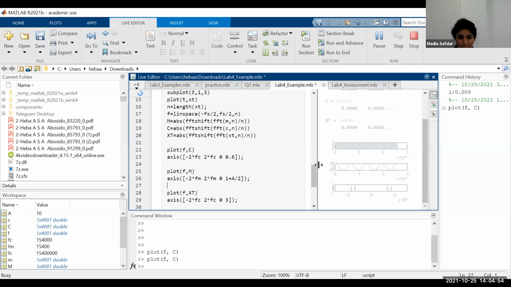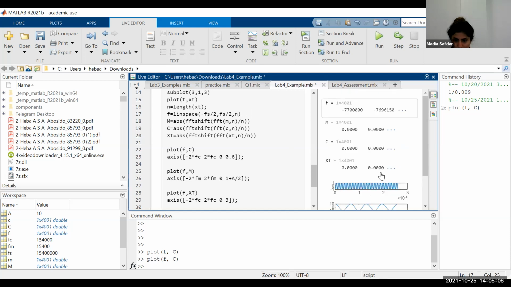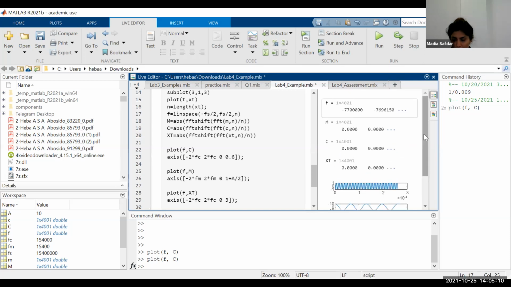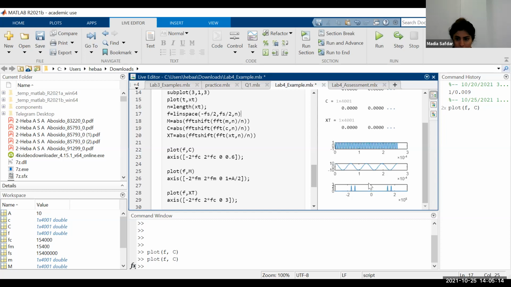So you will get 3. Yes. And also write the comments. So is this running or not? It's running.